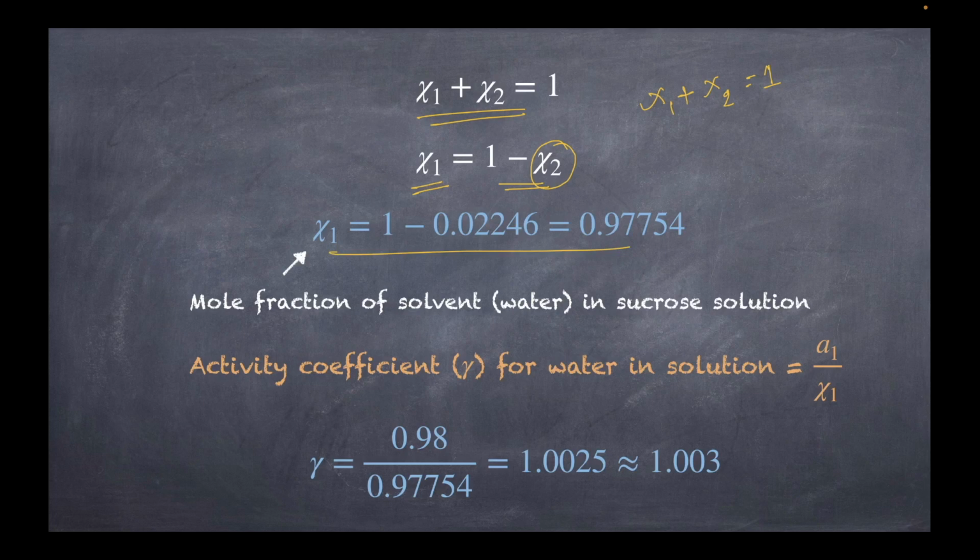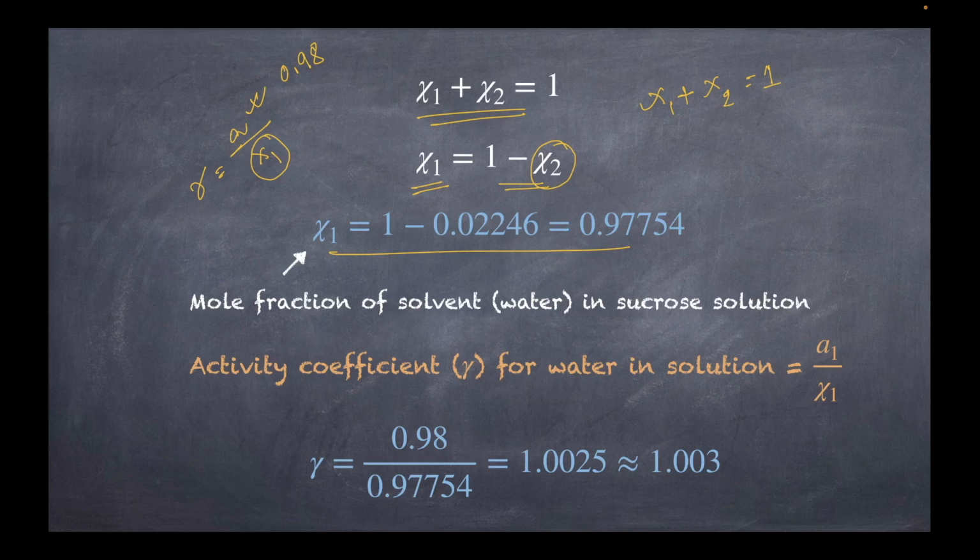So mole fraction of solvent in sucrose solution is also available now. So the activity coefficient, that means gamma. Gamma was actually activity divided by mole fraction of solvent. So we previously got the value of a, which was equal to 0.98, and now we get the value of chi1, that means mole fraction of solvent.